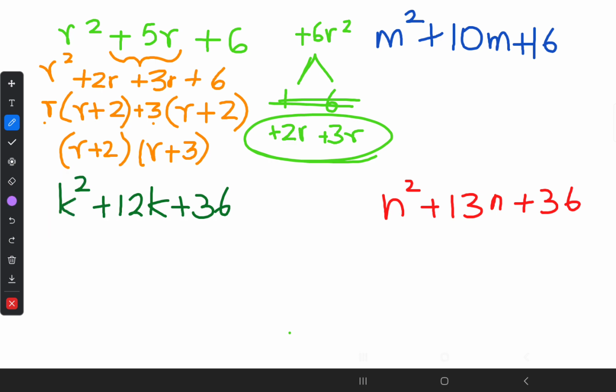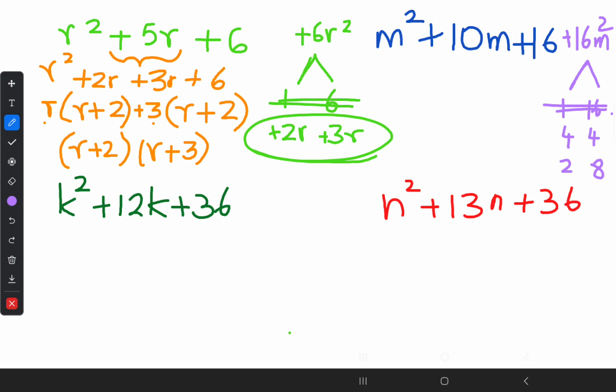Now let's try the second one. Here also you should multiply the two end members. That will give you positive 16m square. The possible multiples are 1 16s are 16, 4 4s are 16, 2 8s are 16. 16 plus 1 or 16 minus 1 will not give you 10.